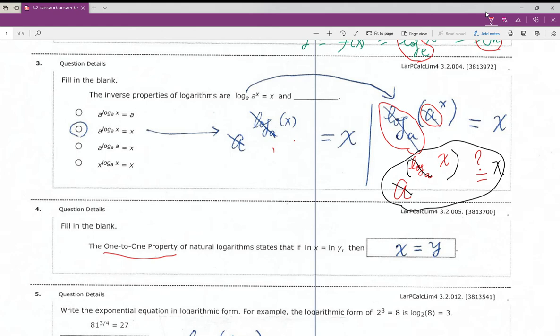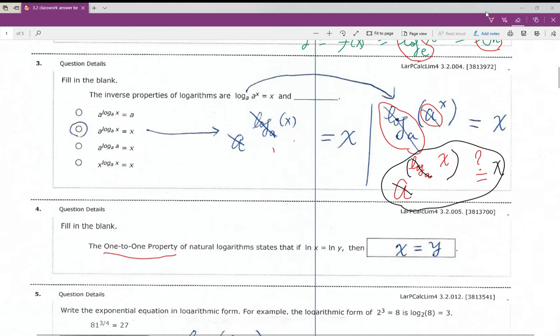So one input, only one output. If they have the same output, these two are equal. So this is one function, this is the other function. If these two functions are equal, then the inputs need to be equal.